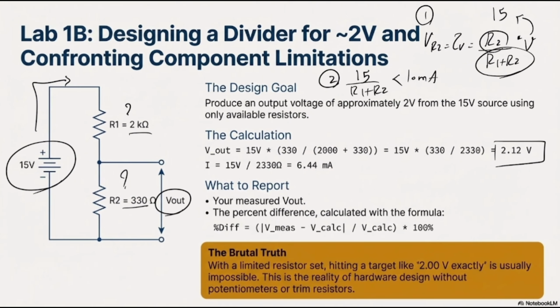This is the relationship between an equation and an inequality, but it is still helpful to make sure that your R1 and R2 are not, for example, 100 ohms and 200 ohms. They should be bigger than that. Why? We have to make sure the amount of current we get from the source is not that high, because high current means high power and it's going to damage your source itself. So we are going to prove this part as well.